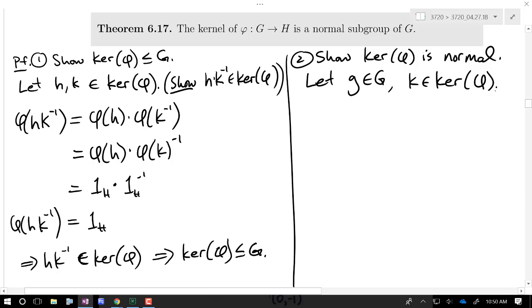What we need to show is that G times little k times G inverse is an element of the kernel of phi.